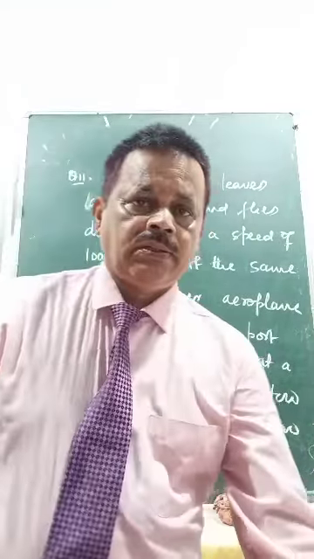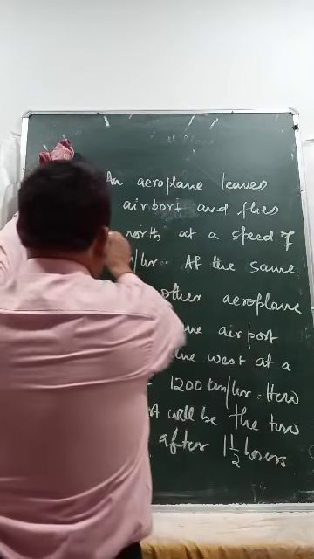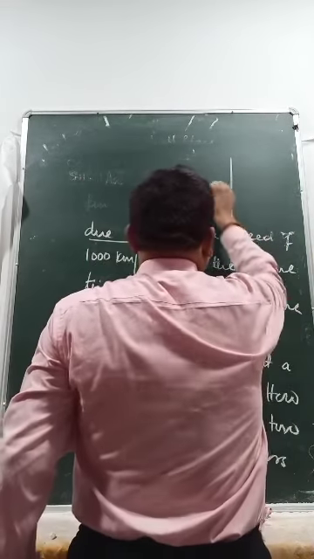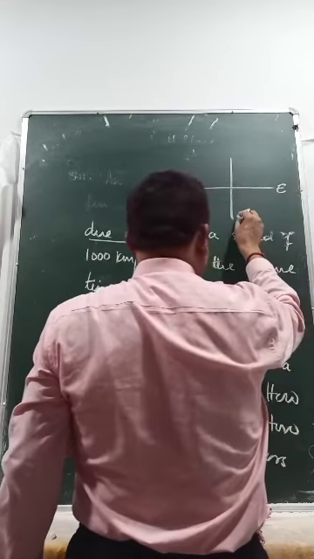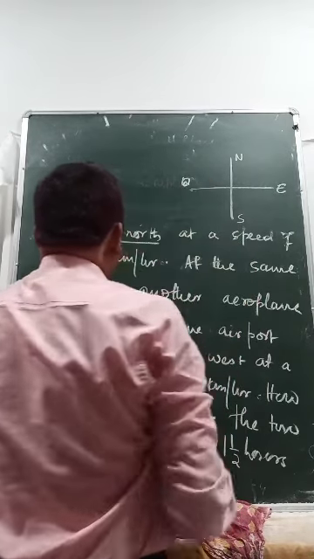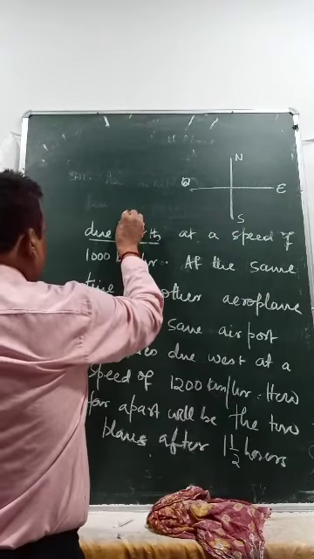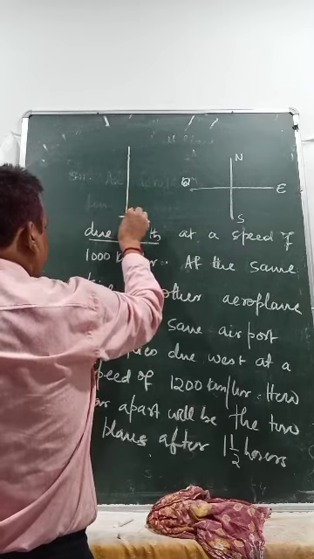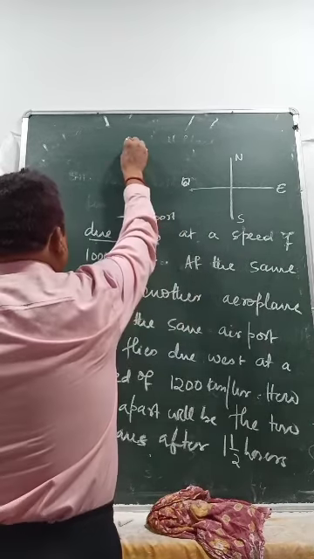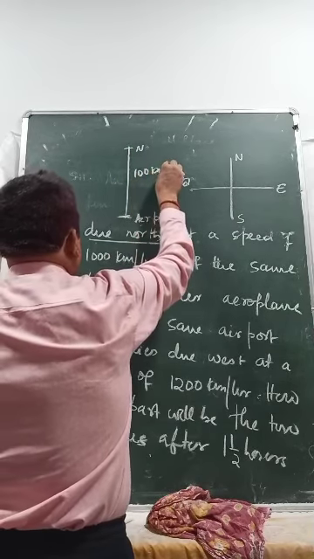Okay, so look, what does it mean? Due north. So first you draw. If this is east, this is south, this is north, this is west. So one aeroplane is going north, north means this direction from the airport, 1,000 kilometers per hour.